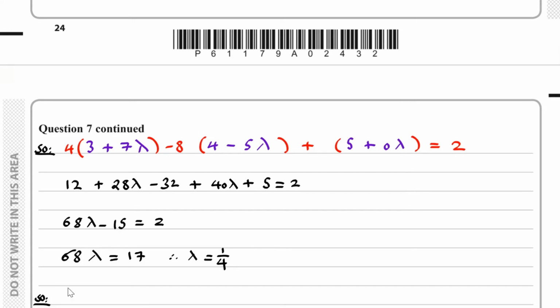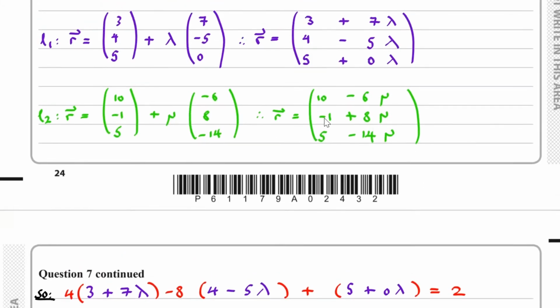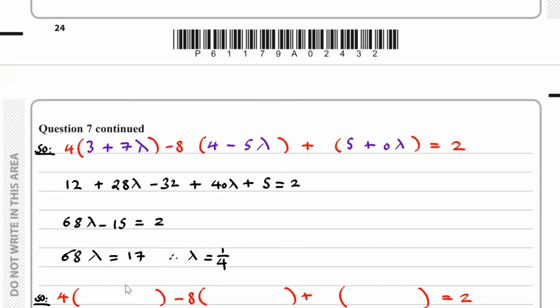Okay, now for the next part, again same thing. So we have 4 lots of something minus 8 lots of something plus this last thing equals 2. And now if we substitute this into this, we have 10 minus 6 mu, minus 1 plus 8 mu, and 5 minus 14 mu.